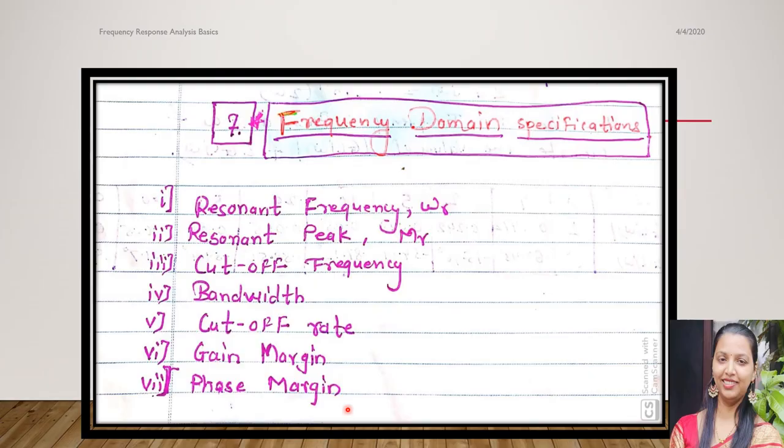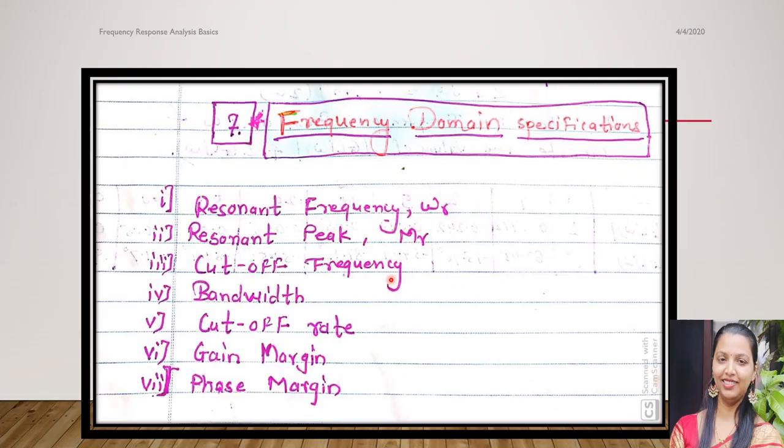The resonant frequency ωr is defined as the frequency at which the output of a system has a maximum magnitude. The resonant peak Mr is the maximum value of the magnitude. The cutoff frequency ωc is the frequency at which the magnitude |G(jω)| is 1/√2 times its maximum value.